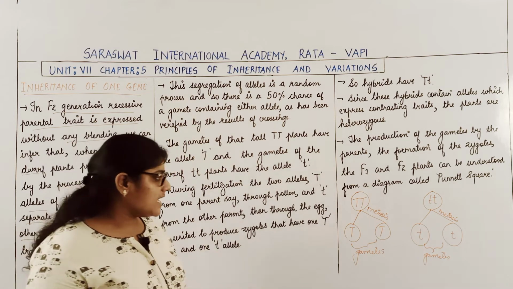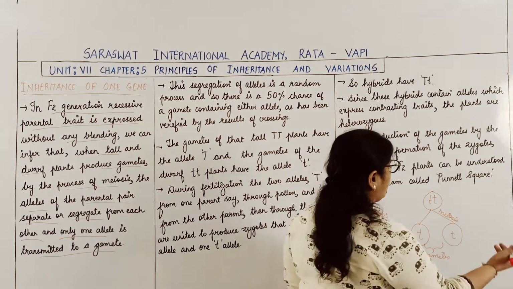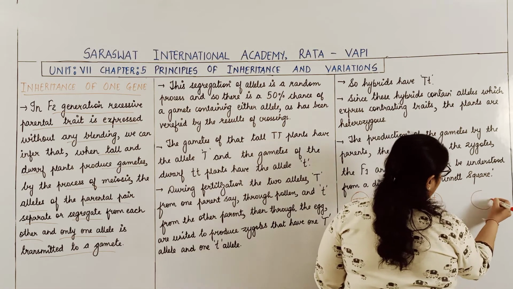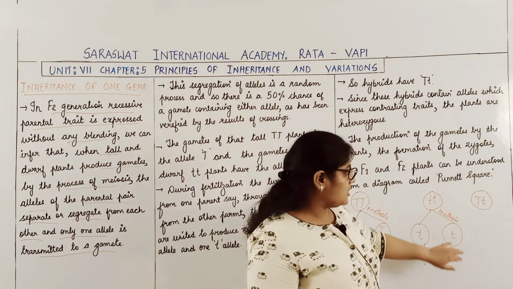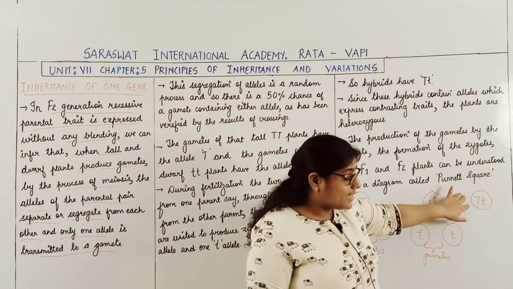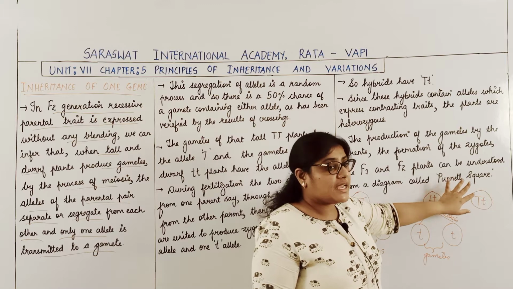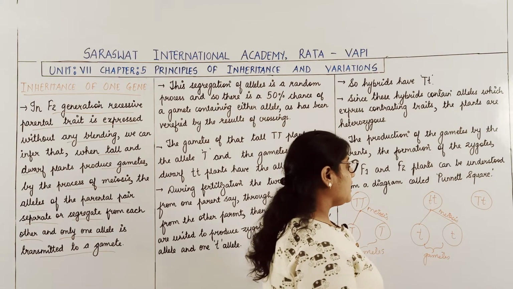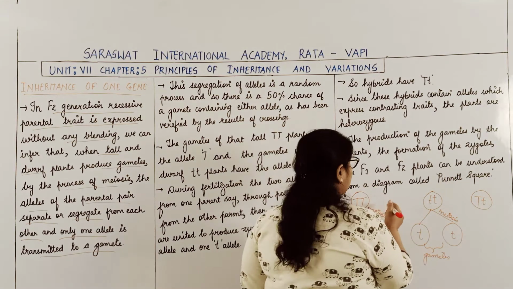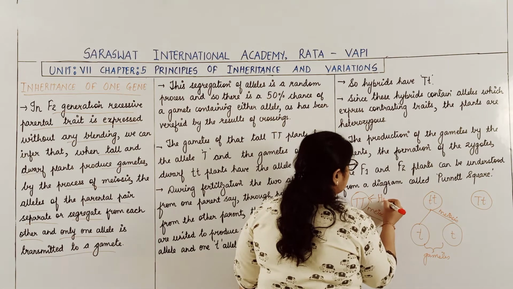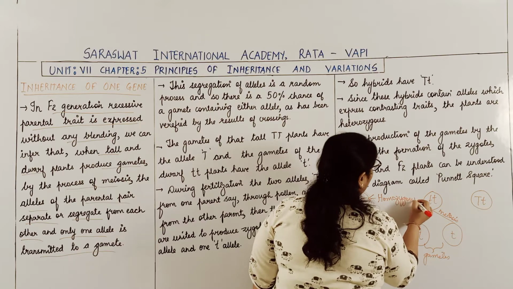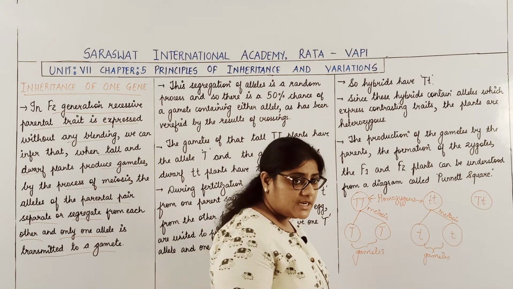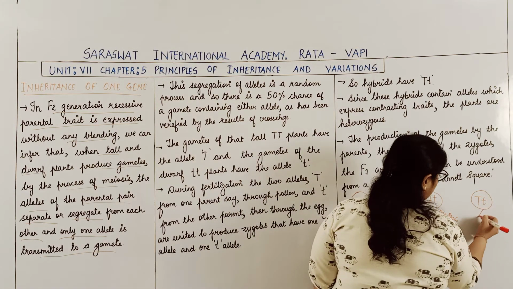Now say for example the tallness in the hybrid plant, so this is a condition, these plants are also tall plants but it is a heterozygous condition. So both these conditions are which conditions? These are homozygous conditions. But what about the heterozygous condition?